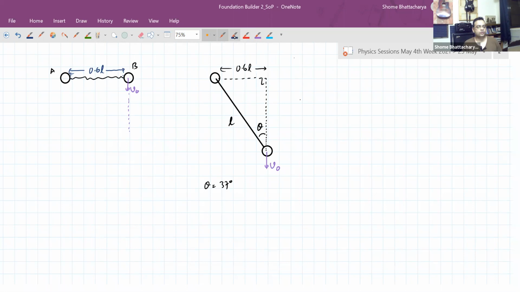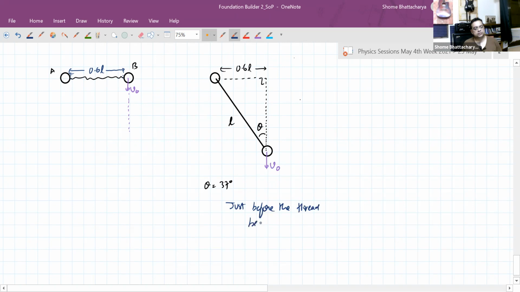So this is the situation of momentum just before the thread becomes taut. Now from here onwards, as the thread is becoming taut, it's going to develop like a jerk.